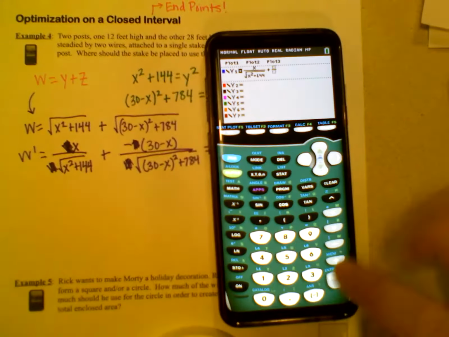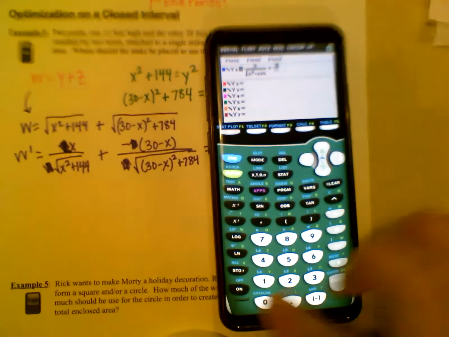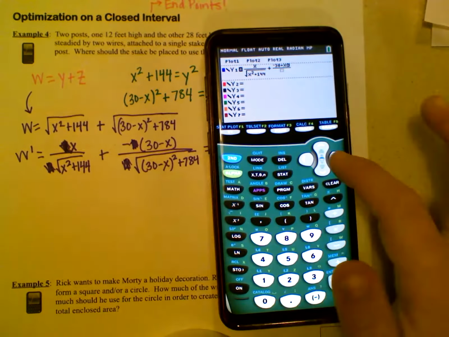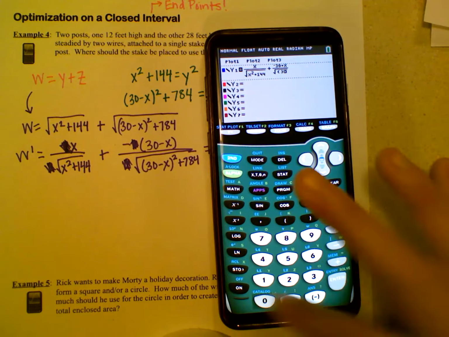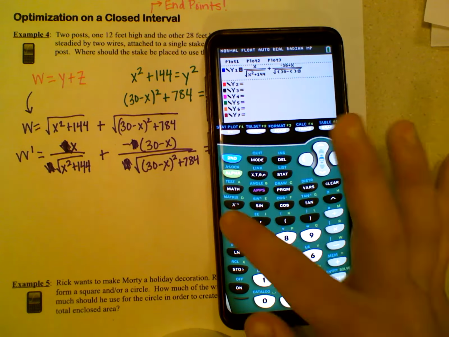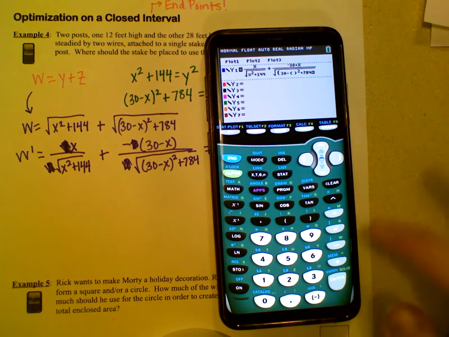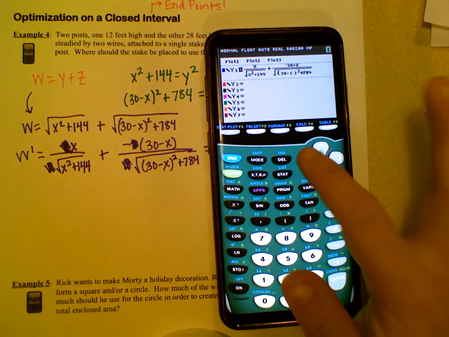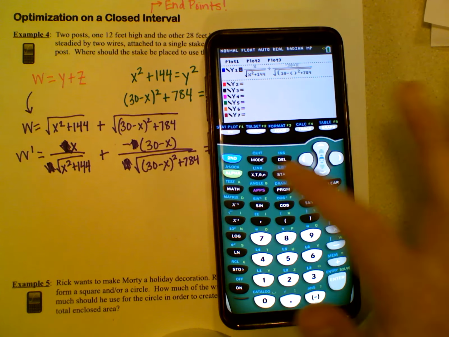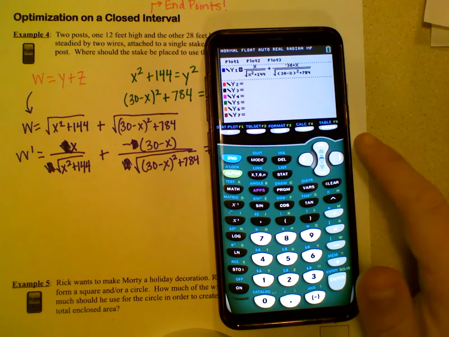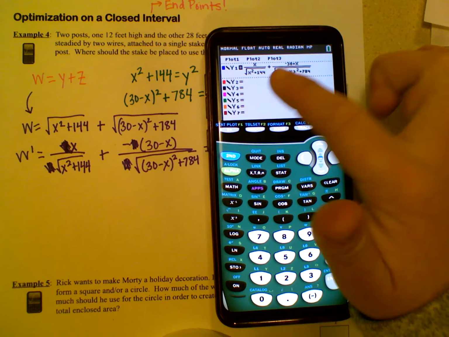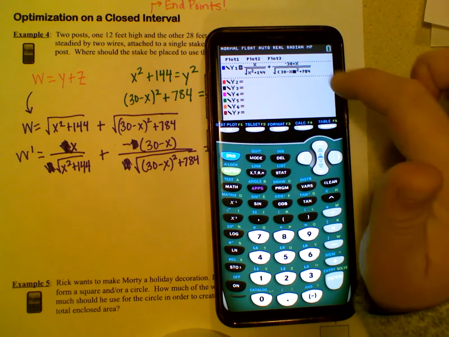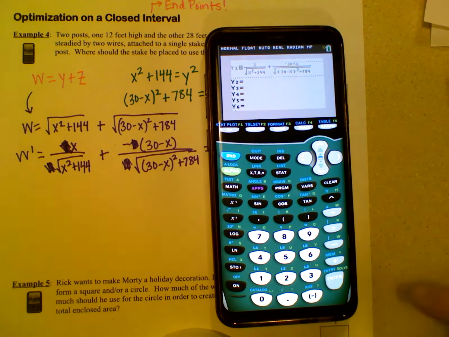I'm going to distribute that negative, so negative 30 plus x, and then the square root of 30 minus x squared plus 784. Didn't even get an x in here. What was I doing? There we go, 30 minus x squared. Before I graph this, because it might take a few moments, I'm just going to check to make sure that I have everything looking good. Okay. So graphing.